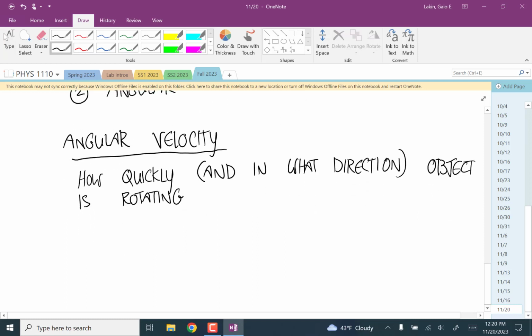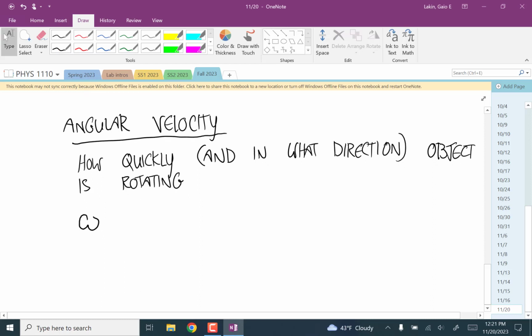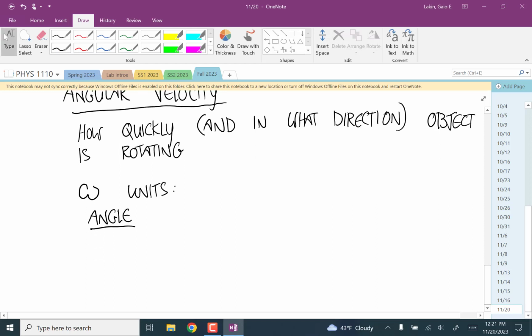This is always, okay, so first we're always going to denote it with the Greek letter omega. That's a lowercase omega. It looks like a sort of circular W. And the units for omega are always measurements of an angle over units of time.